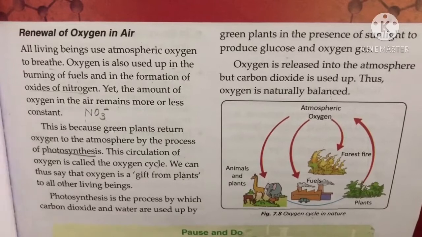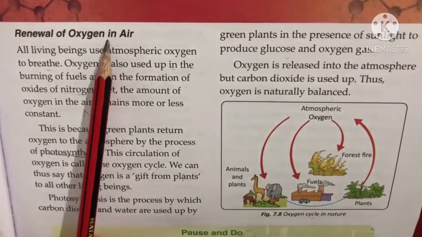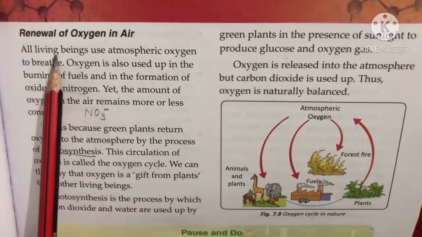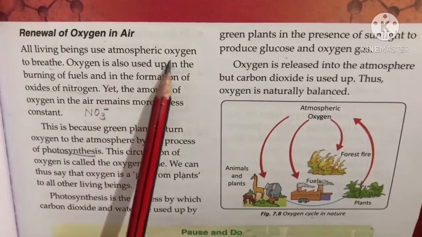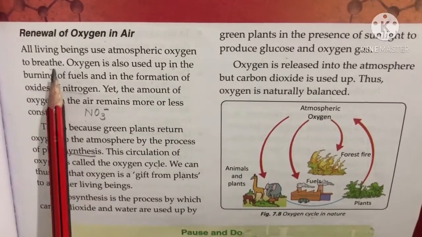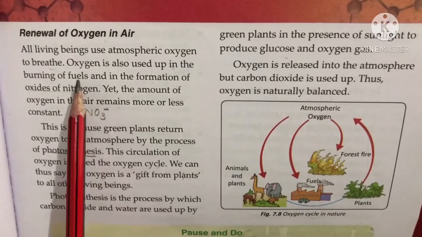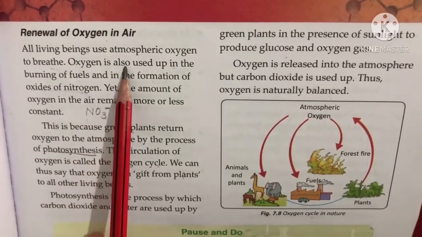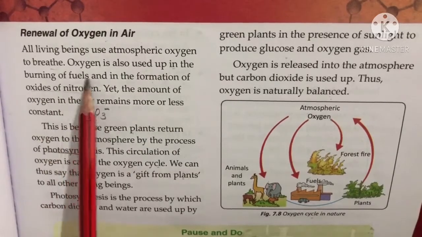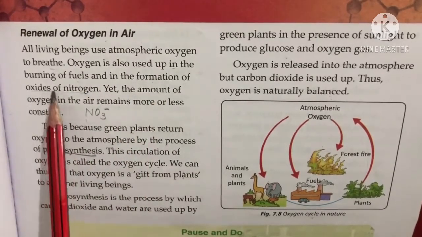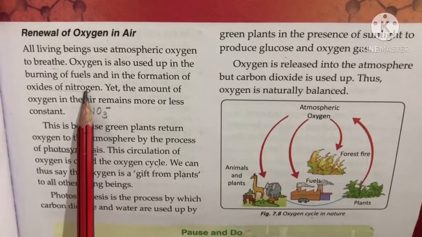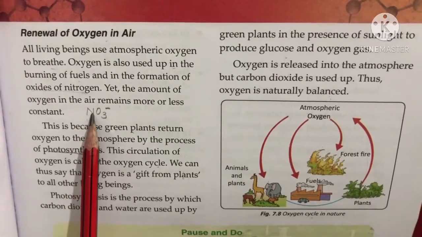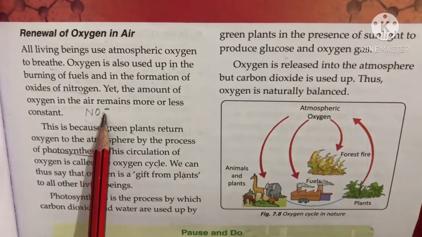The next topic is renewal of oxygen in air. All living beings use atmospheric oxygen to breathe. You know that we inhale oxygen and we exhale carbon dioxide. Oxygen is also used up in the burning of fuels and in the formation of oxides of nitrogen. What are the oxides of nitrogen? Like nitrate, NO3 negative.